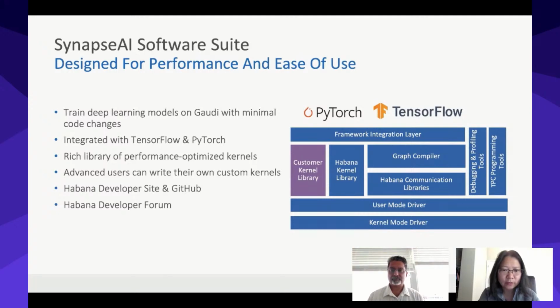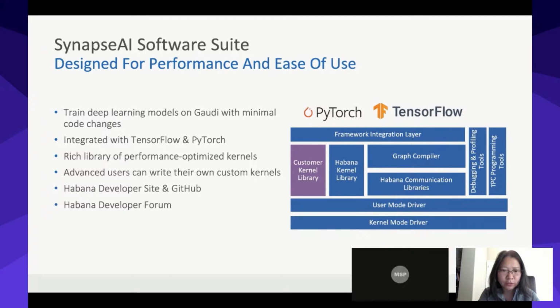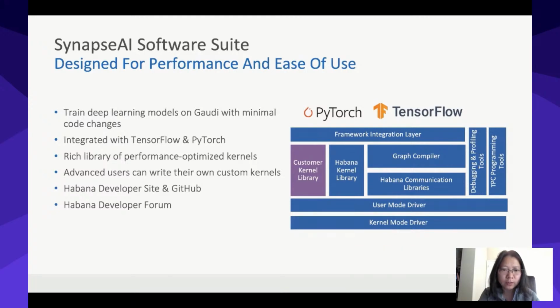Inside the stack, from the top down, first it is the framework integration layer, and below that is the key compilation part. In that, the graph compiler includes the Habana kernel library and also the communication library. Also, we provide a customer kernel library.